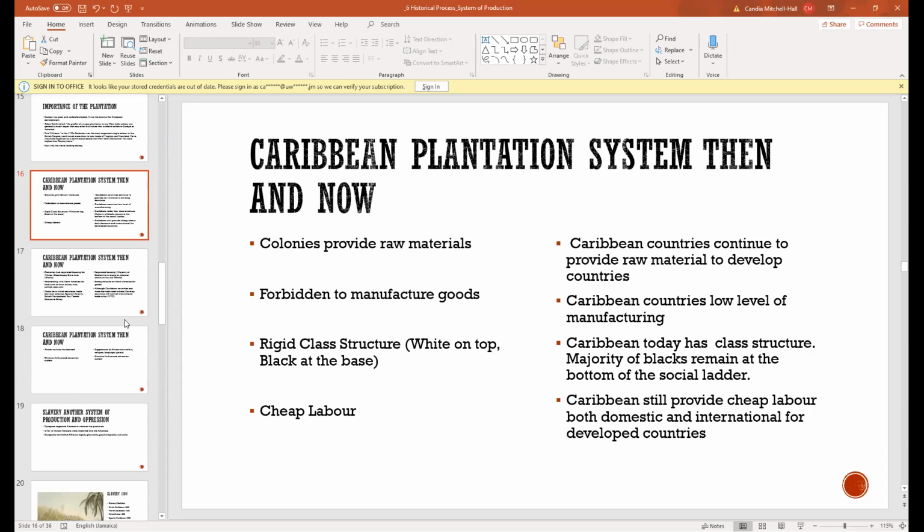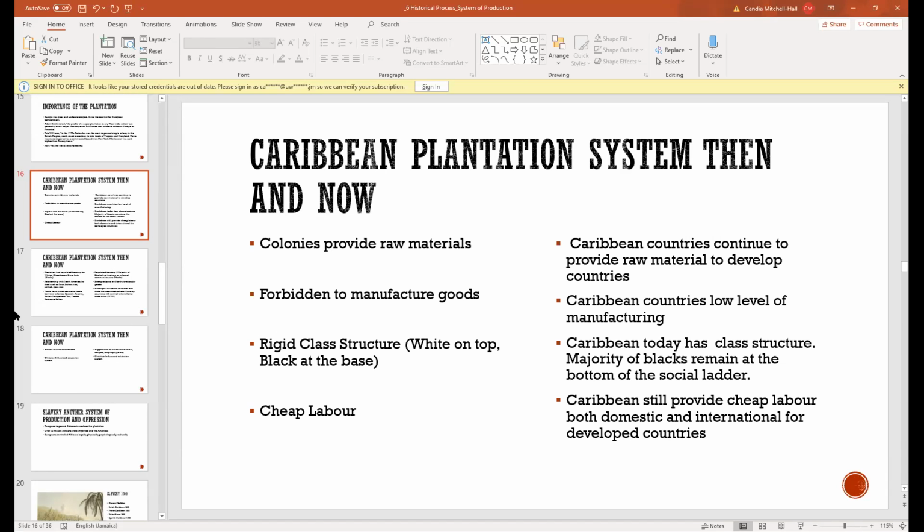So we know for sure that the colonies produced raw materials, right? That was how the plantation was organized, by the production of raw materials. So it was a system of production because it produced raw materials for export and also for local use.